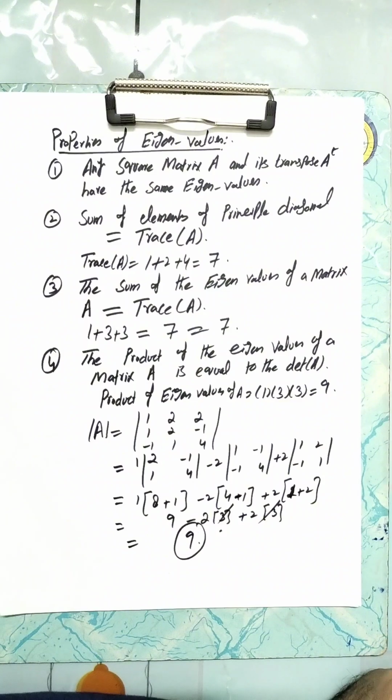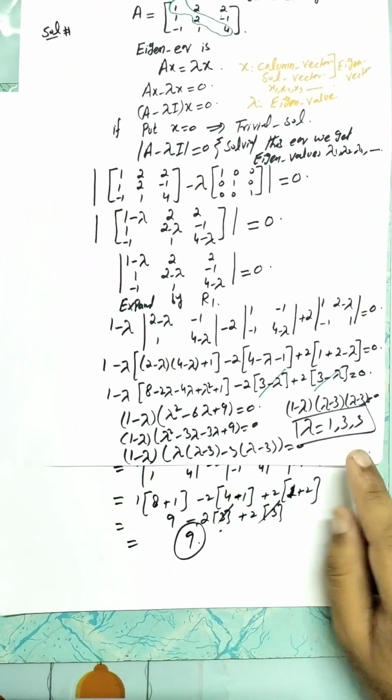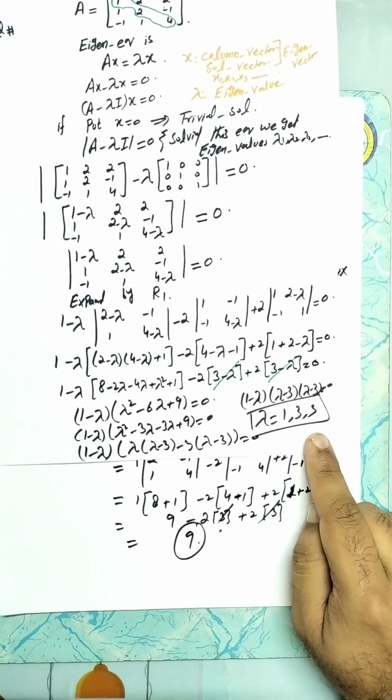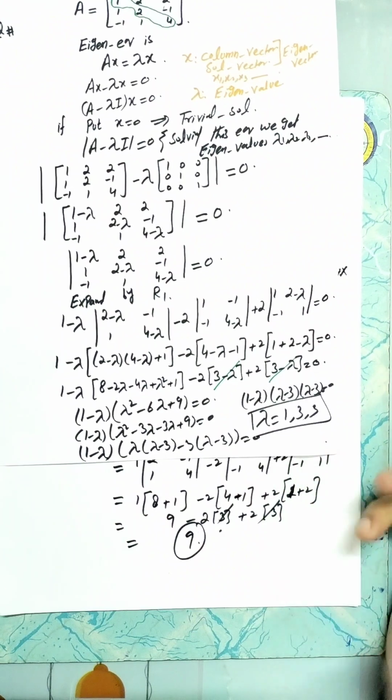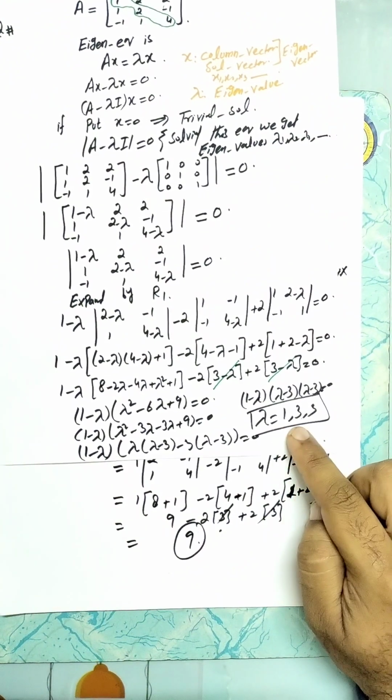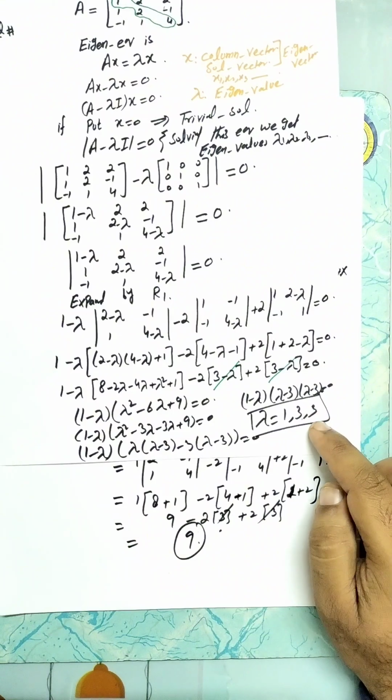Now we calculate the eigenvector. So how to calculate the eigenvector? In here we have three eigenvalues, 1, 3, 3, and two eigenvalues are repeated. So we take only two values, 1 and 3, because 3 is twice.